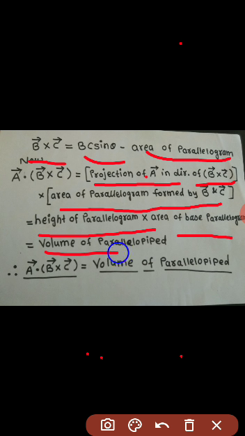Therefore, it is the volume of the parallelepiped. Therefore, we can say that vector A dot B cross C, the scalar triple product, is always equal to the volume of a parallelepiped. This is known as the very interesting property of the scalar triple product.